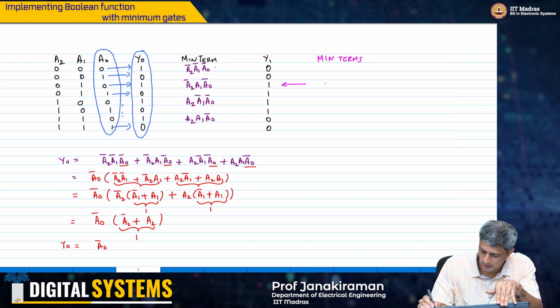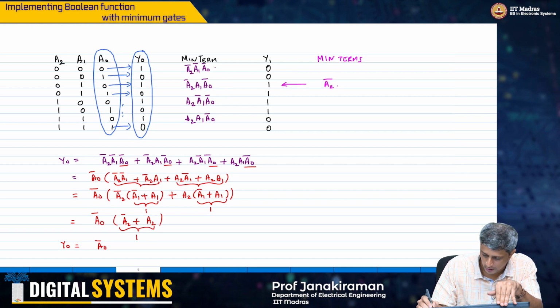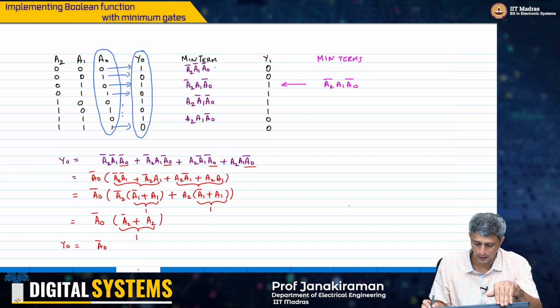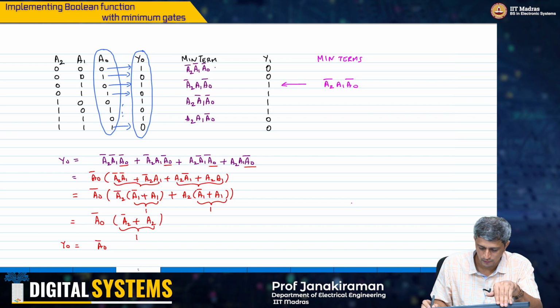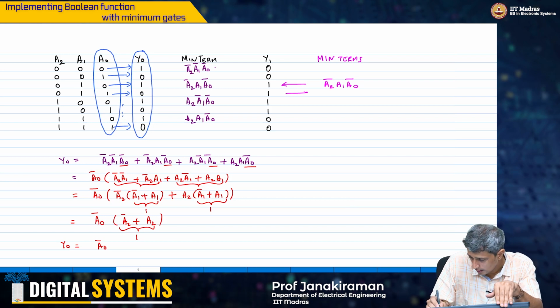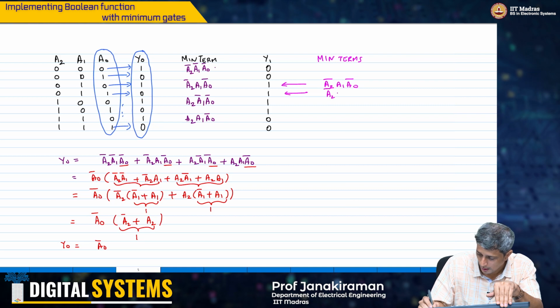For this first one it is basically going to be A2 bar, A1 and A0 bar. Then the next one is A2 bar, A1, A0.